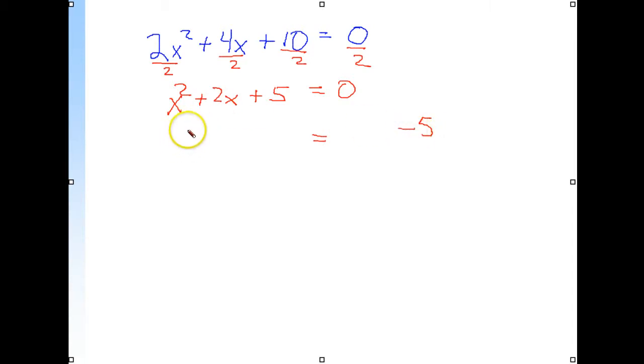Then I said, put parentheses, like so. The X goes right here. The plus goes right there. And now, remember, this is gone, so I'm going to just erase it.